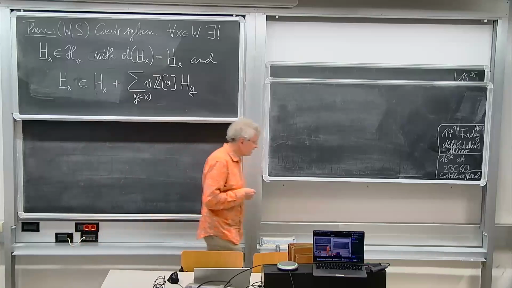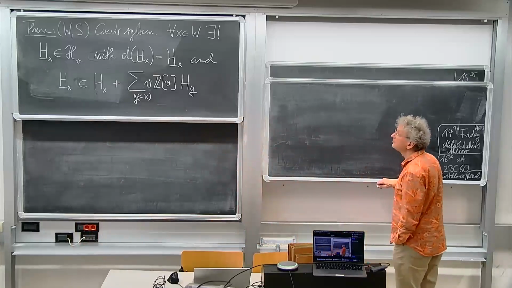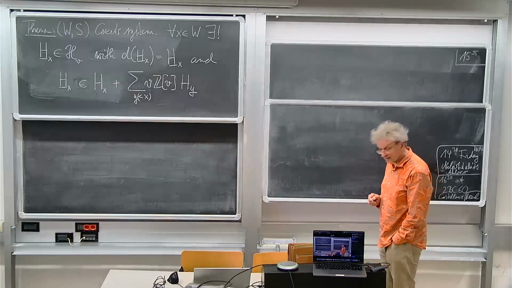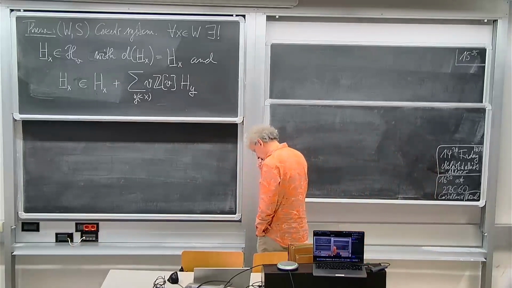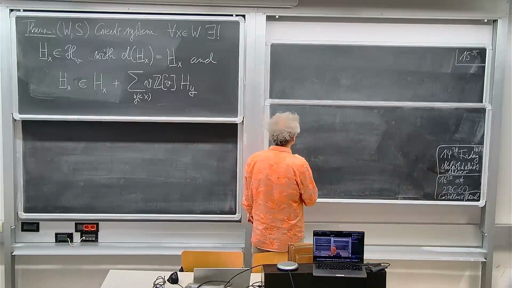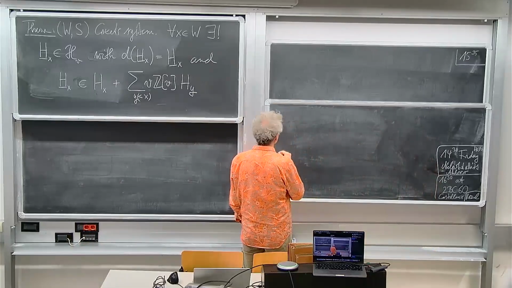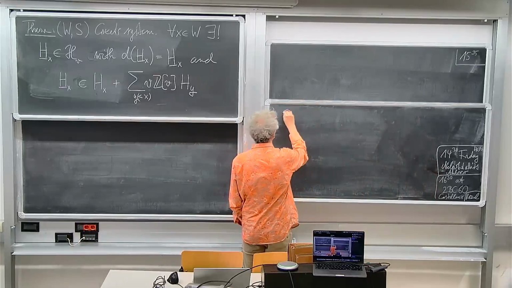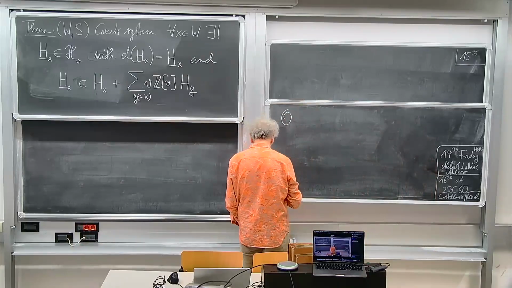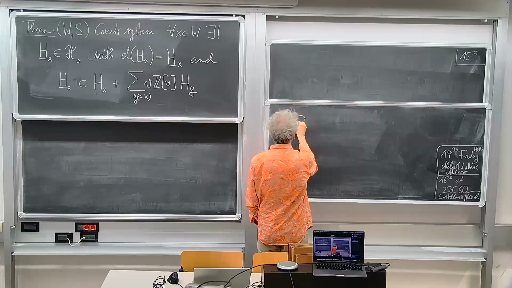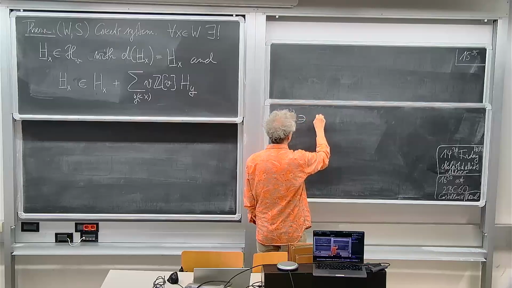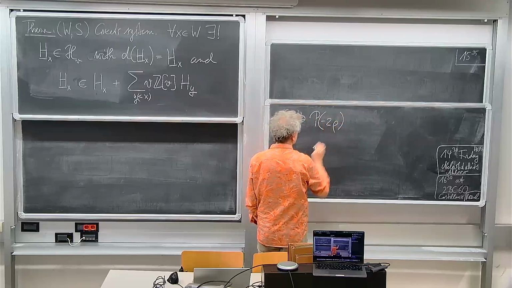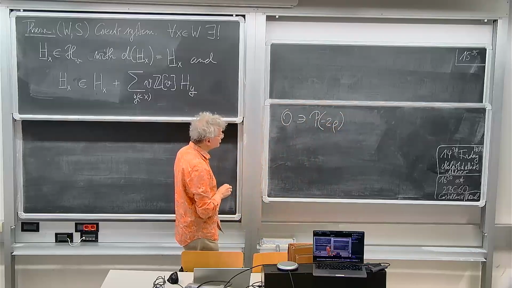This is also slightly tricky business, which gets us back to category O. The main player there: we have this category O, and inside, we take the projective cover of the simple object of highest weight minus 2 rho.